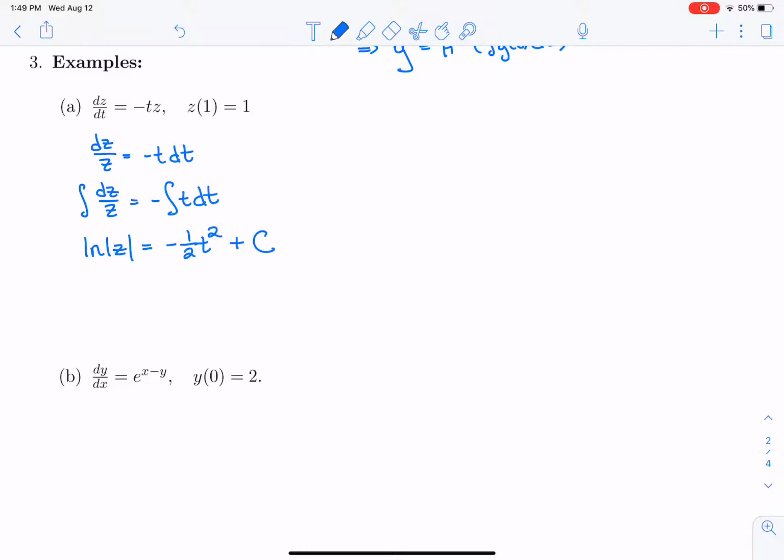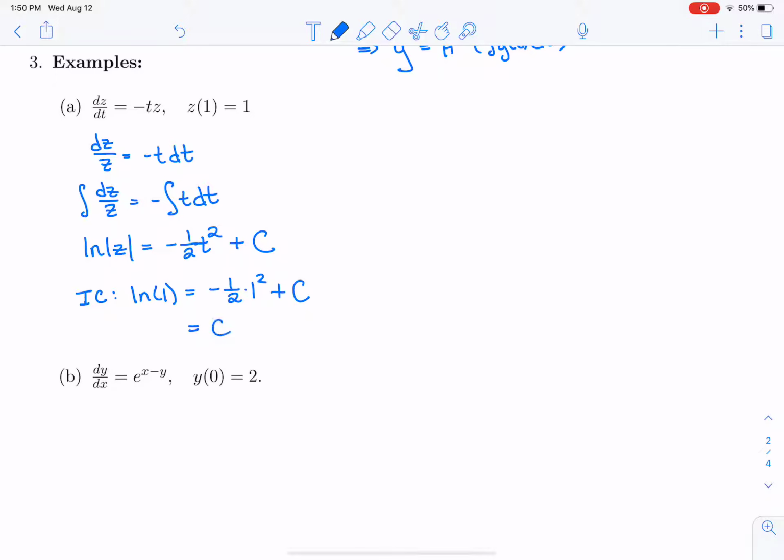Now at this point, I'm going to put in the initial condition, because it's going to be the easiest point at which I'm going to be able to solve for c. So I'm going to get that the natural log of 1 is equal to minus 1/2 times 1 squared plus c. So in this case, the natural log of 1 is 0.